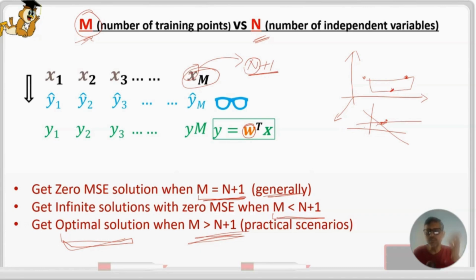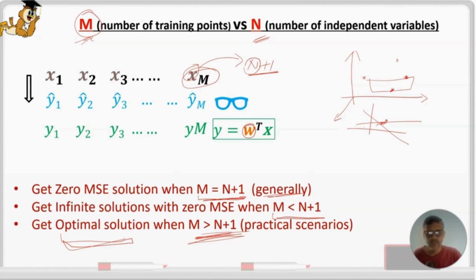In other words, it's not possible in general to find a hyperplane in 3 dimensions that passes through 4 points, unless it's a very special case. So when m is greater than n, which is most of the practical scenarios, you are looking for an optimal solution which will have some mean square error. Okay, the mean square error is unlikely to be 0.